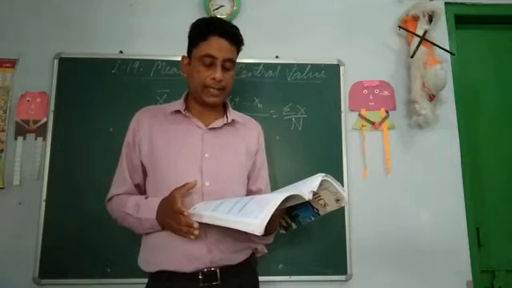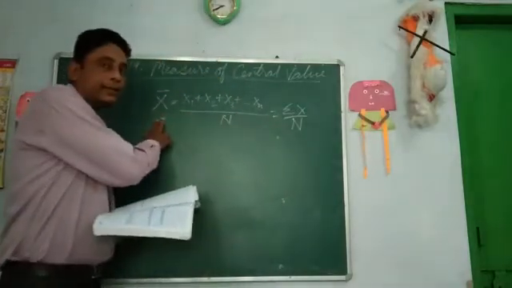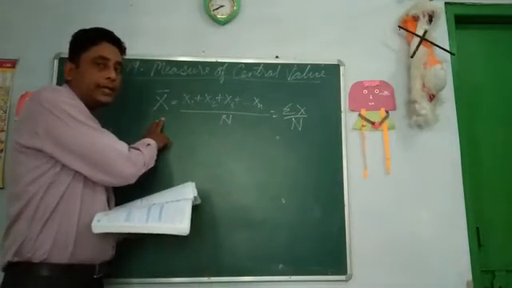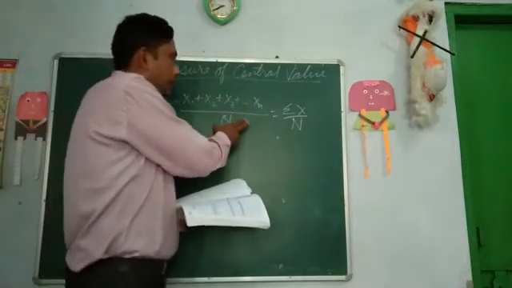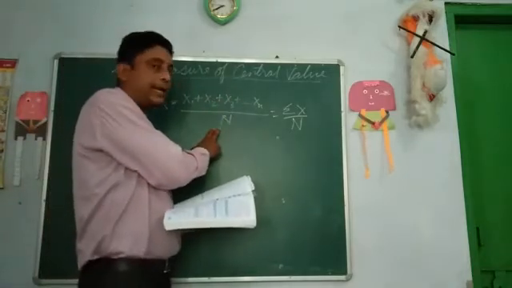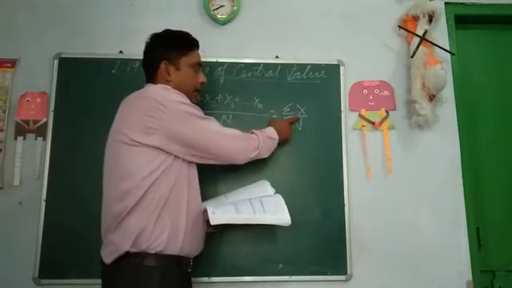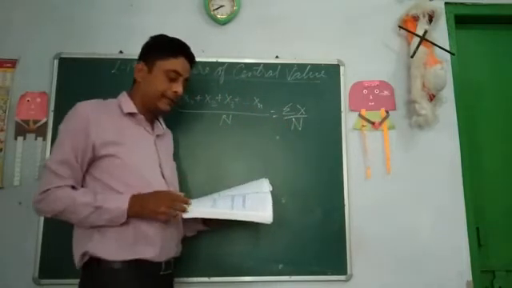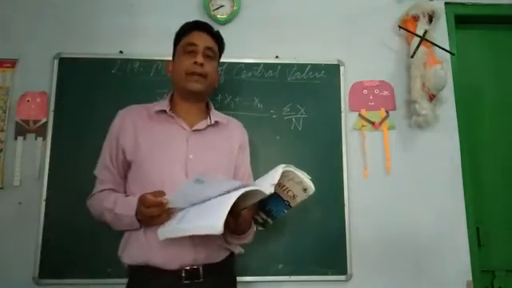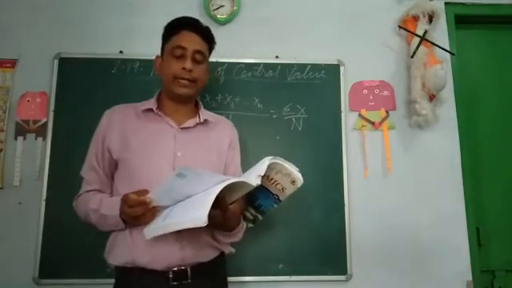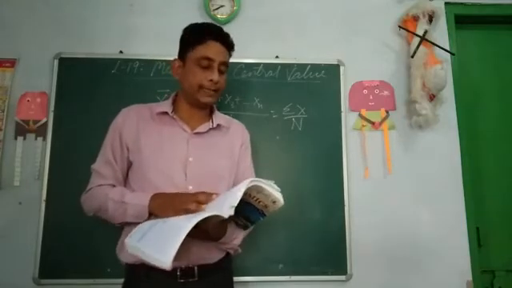The direct method of calculating arithmetic mean is x bar equals the sum of all the x values divided by n, that is, sum of x divided by n. This is the direct method of calculating arithmetic mean in individual series.